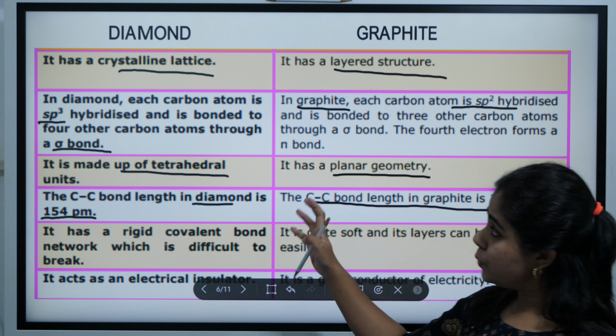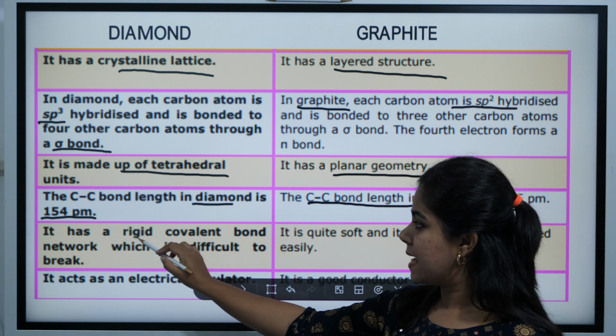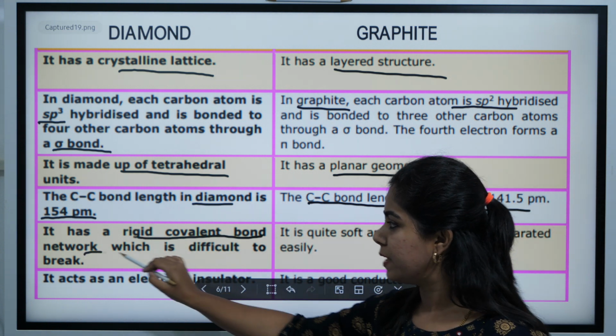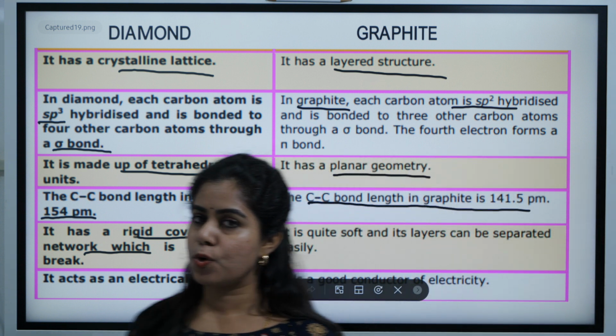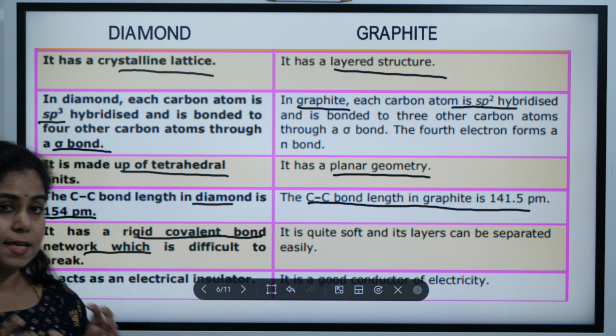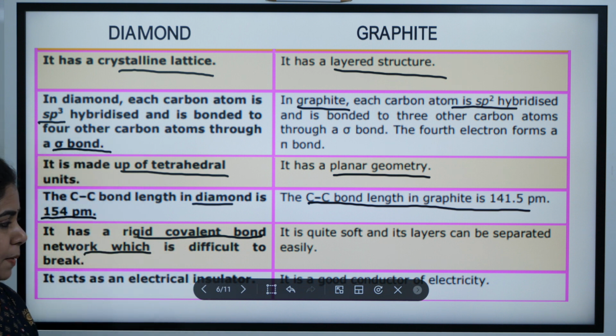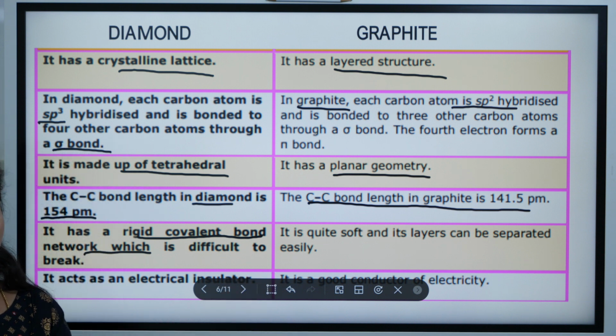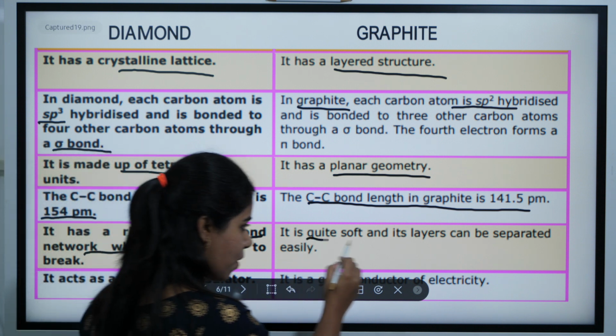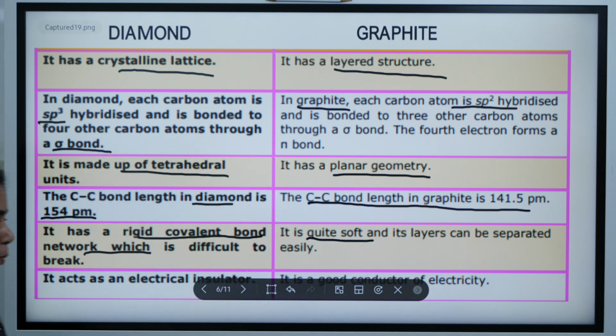Due to this crystalline lattice structure, diamond has a rigid covalent bond network, and that makes diamond the hardest known substance, the hardest naturally occurring substance. Whereas graphite, which is also made of carbon, is very soft, and we know that graphite is used as a lubricant, right? Because it has a layered structure, each layer can slide over one another. That's why it is very soft and also used as a lubricant.